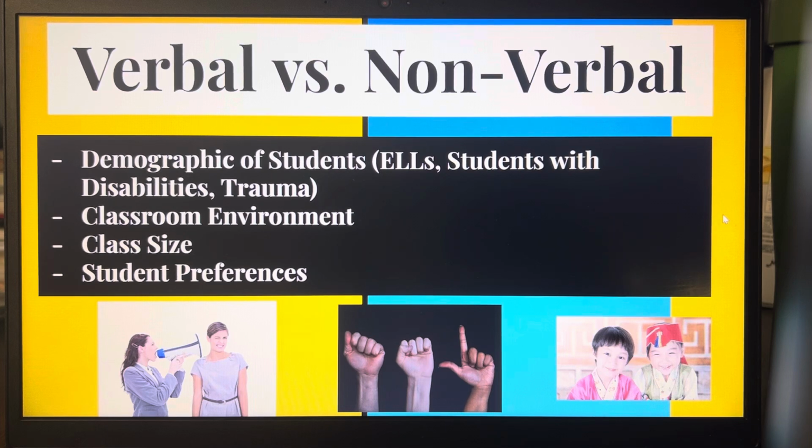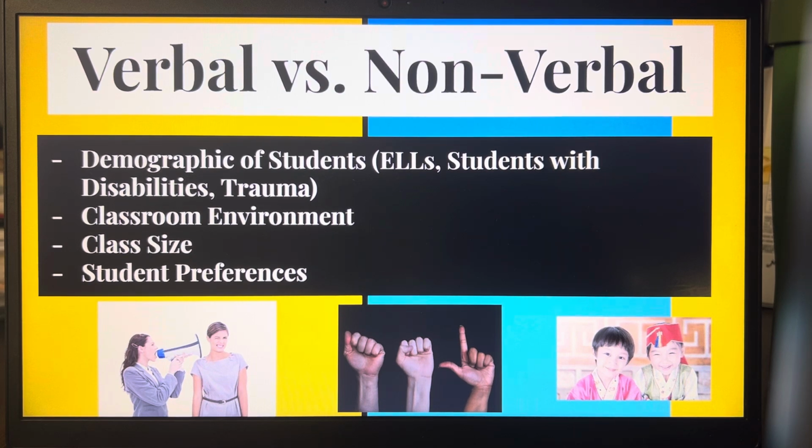When deciding when to use verbal and nonverbal strategies, these are factors to take into consideration. First and foremost, in my case, some of your students don't understand what you're saying. For my English language learners, if they have their hoods on, or if they're running down the hallway, or if they're cursing, and you say in English, stop cursing, take your hood off, a lot of the times they don't understand what the teacher's saying.